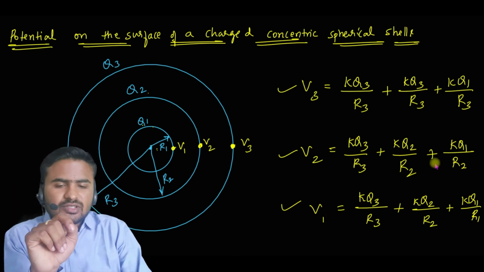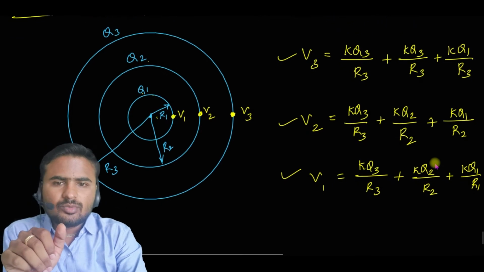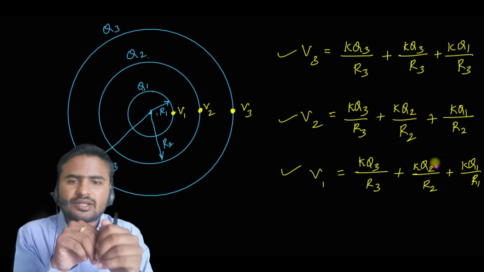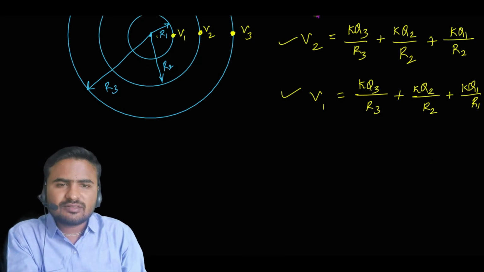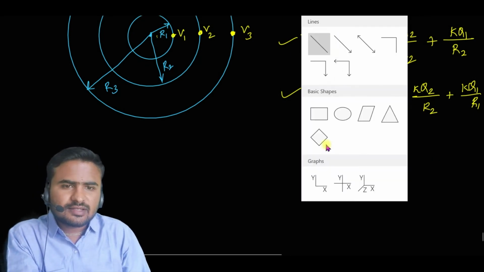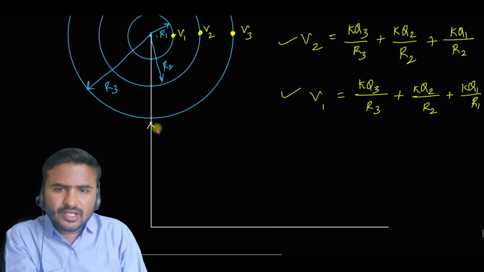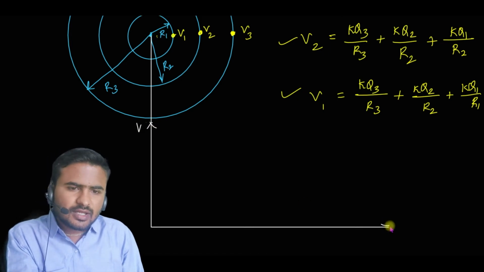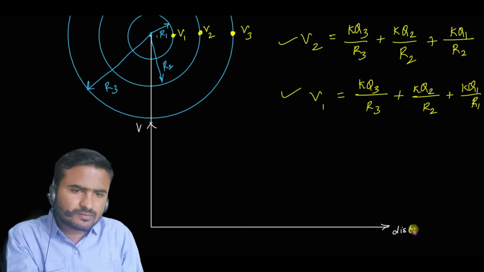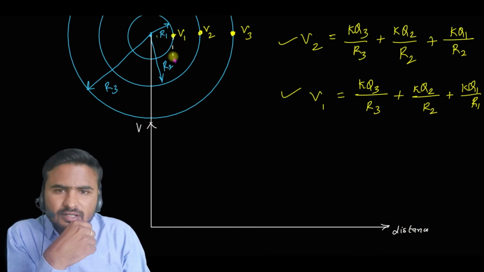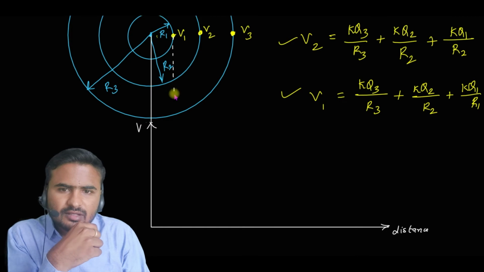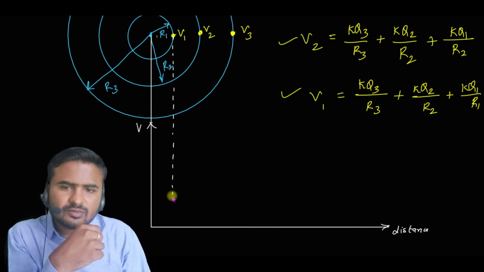All right, so this is how the potential on each spherical shell can be calculated. Now let's try to draw the graph of potential versus distance and see how it will look. I have taken potential along the y-axis and distance along the x-axis. If you are at the center, then the potential everywhere inside, up to the surface of the innermost sphere, is V1.